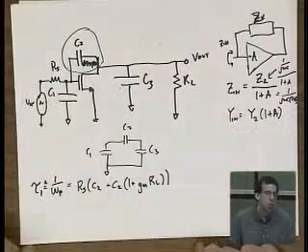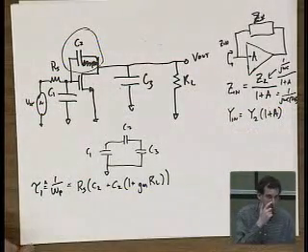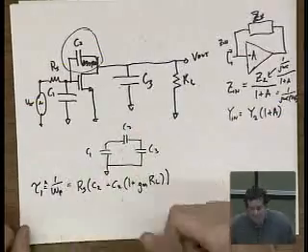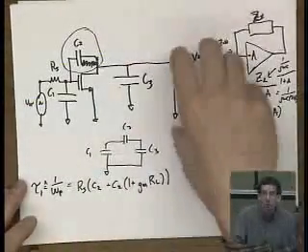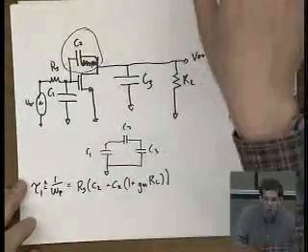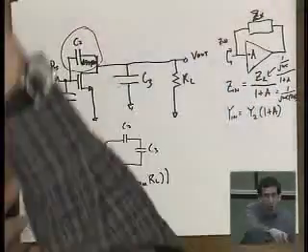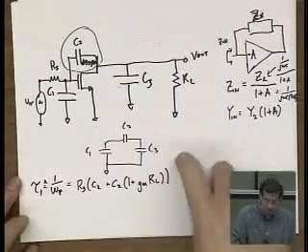Now, I've already made one approximation here. Can anyone tell me what the one approximation I've made here is? I'm sorry? Yeah, except that I already lumped R naught into there. So ignoring that. What's that? Exactly. You're assuming that the gain is your DC gain.